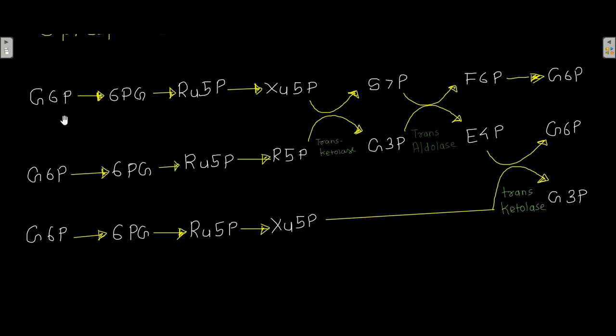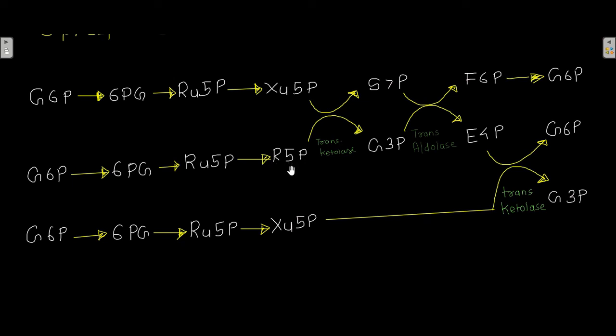So we start with glucose 6-phosphate, which is converted into 6-phosphogluconate, and then into ribulose 5-phosphate. Now we discussed, when epimerase acts on this ribulose 5-phosphate, xylulose 5-phosphate is produced, and when the enzyme phosphopentose isomerase acts on this ribulose 5-phosphate, then ribose 5-phosphate is produced.